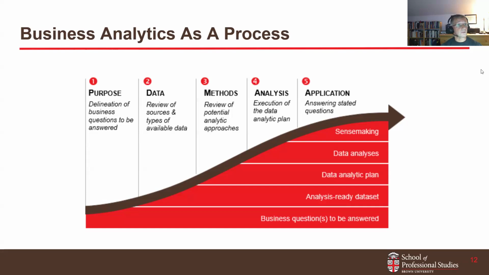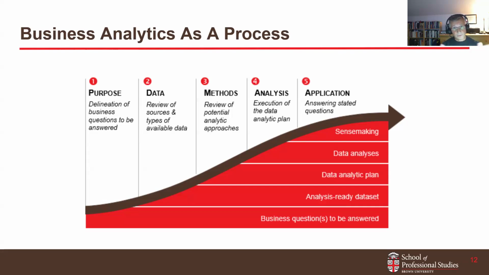So first, you have to understand what exactly is the business question that you're trying to answer with your data. That's really important, right? You can't find that which you don't have a very clear image of. The second step is you have to really get a good understanding of what data are available and applicable.